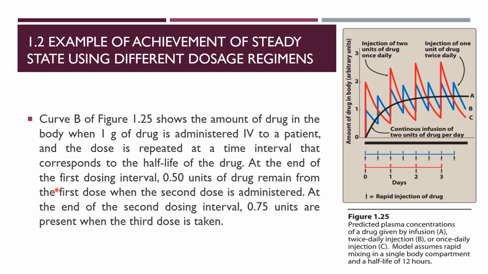At the end of the first dosing interval, 0.5 units of drug remain from the first dose when the second dose is administered. At the end of the second dosing interval, 0.75 units are present when the third dose is taken.